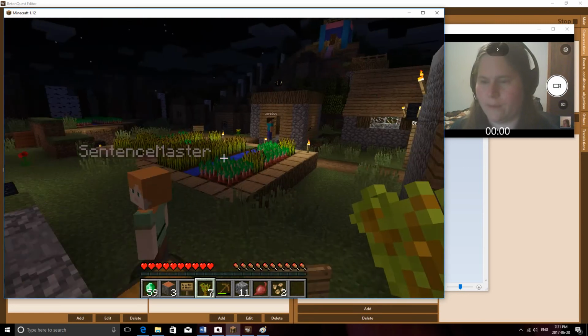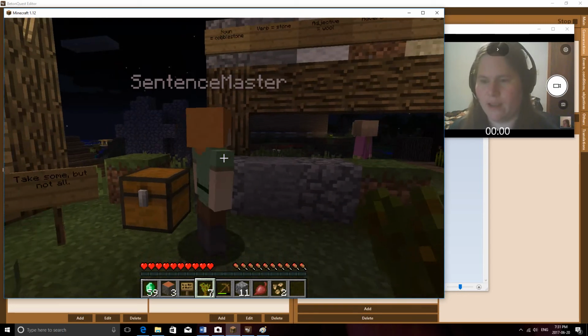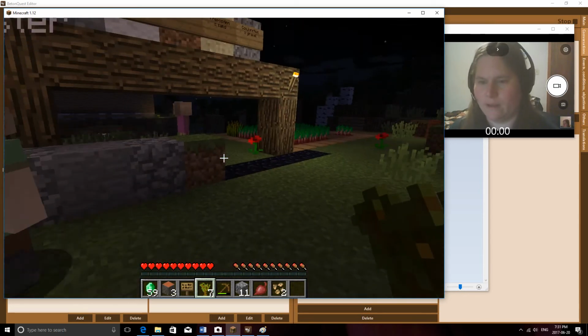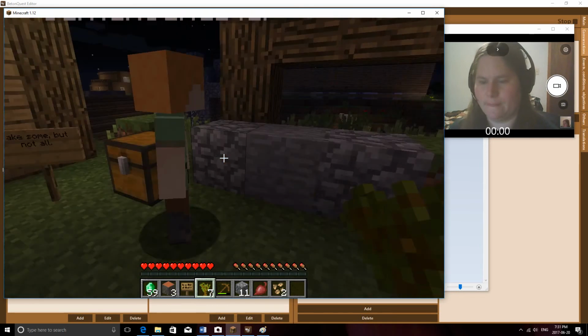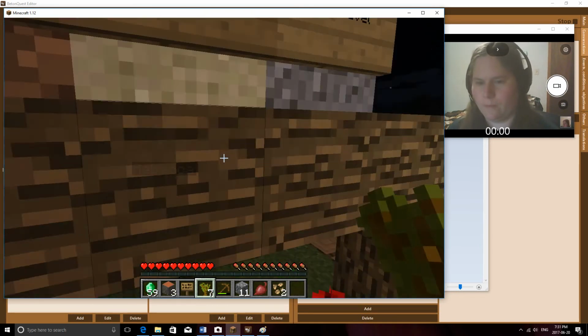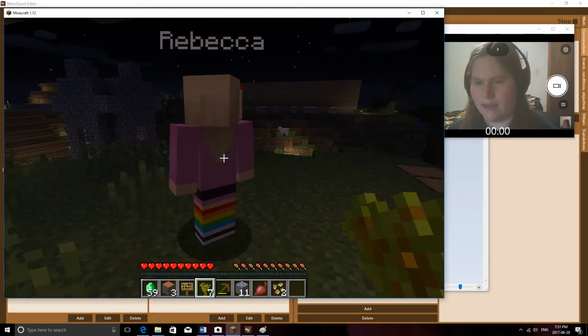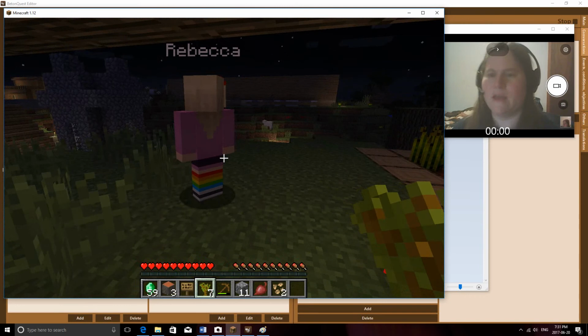All different little people here. The sentence master helps practice modeling the sentences. Rebecca, I think, sends you on a maze where you have to run through a different maze. There's all these different little activities I've planned. There's also a city that you can go through, and there's specially marked chests that you can open only if you answer the question.